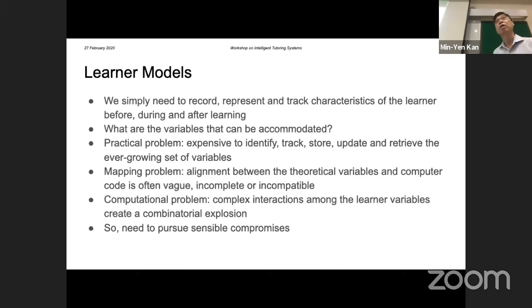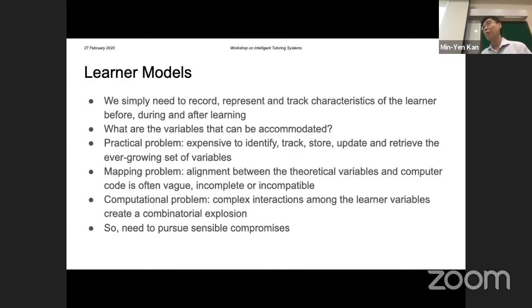On the other hand, we say that humans are good at what they're doing. Computers should be good at what they're doing. Computers now compute very fast, so it's possible to use a computer to do this. So to build a learner model, you face these problems. You rely on the computer to do what it's good at, tracking a lot of these variables.